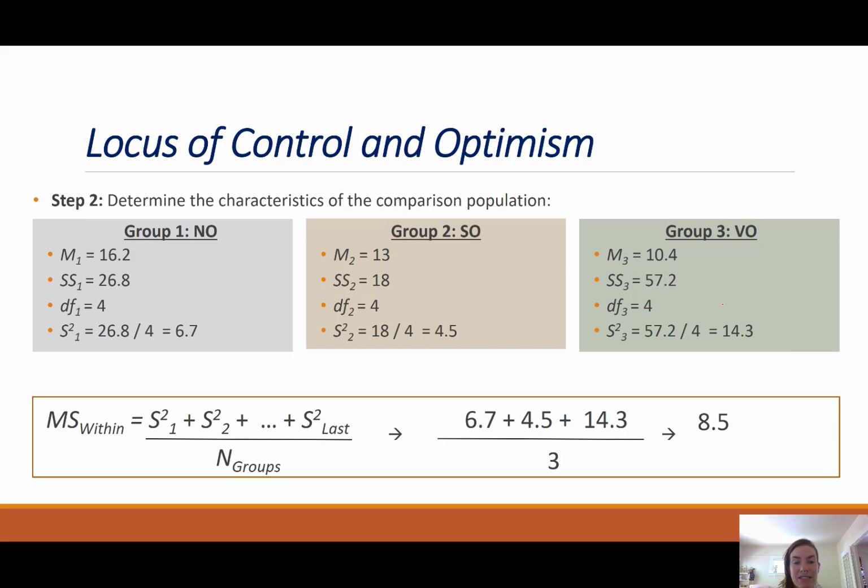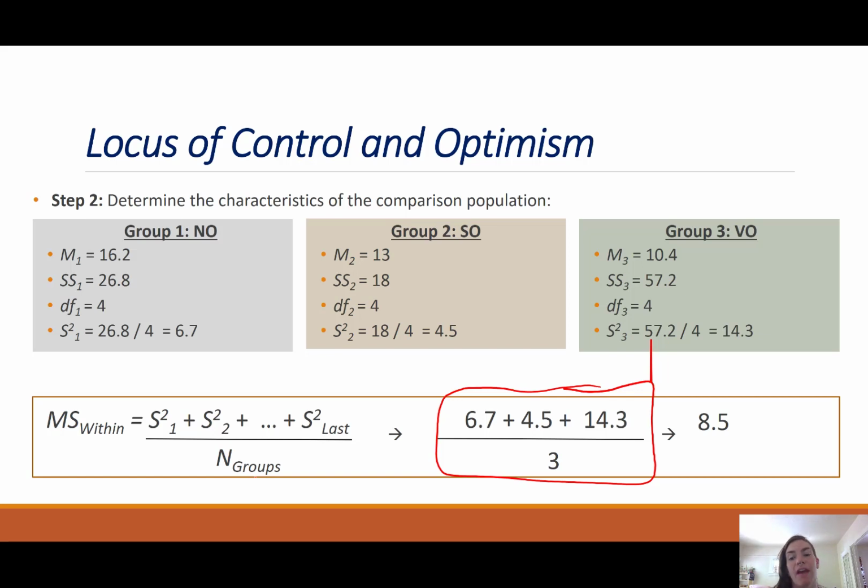Let's add those together in this formula and then divide by 3, the number of guesses, which is denoted by n subgroups. And I get an estimate for my single population variance of 8.5. 8.5 is just the average of 6.7, 4.5, and 14.3. So I think that the actual population variance for all the populations, 1, 2, and 3, is 8.5. That's what my estimate will be.